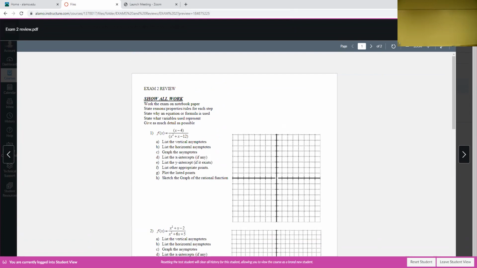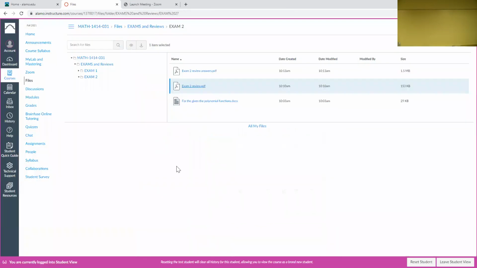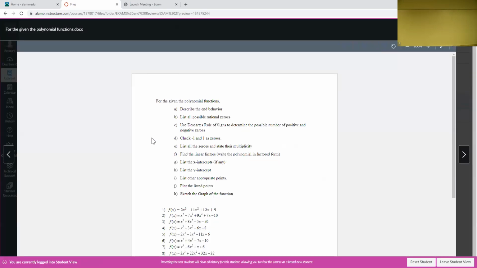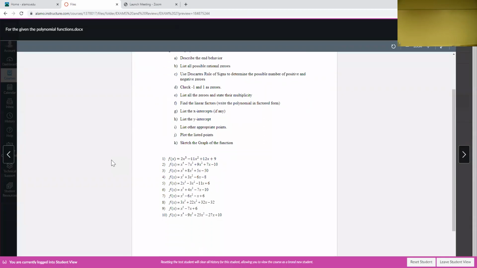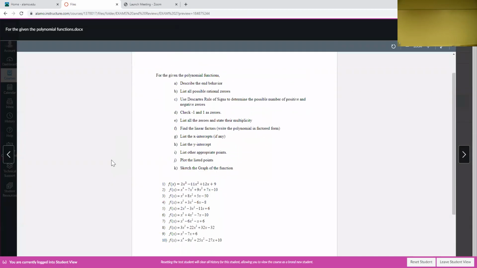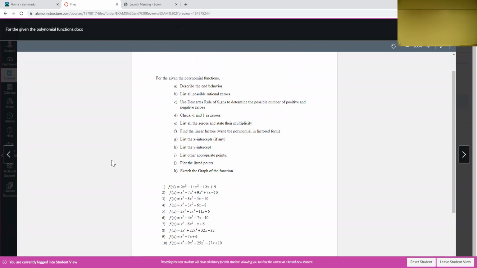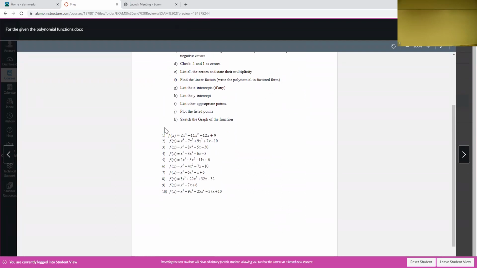So I'm gonna close that down. And this is a worksheet we've been working off of. As a matter of fact, this is the worksheet that these problems here are the problems we've done in class, or that we've done in class came from.